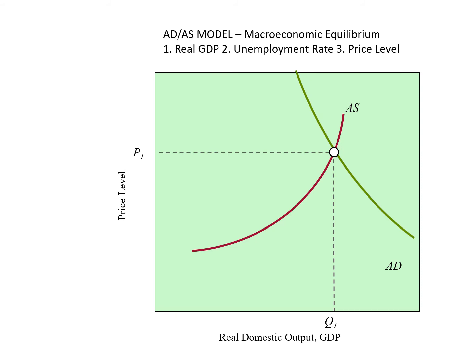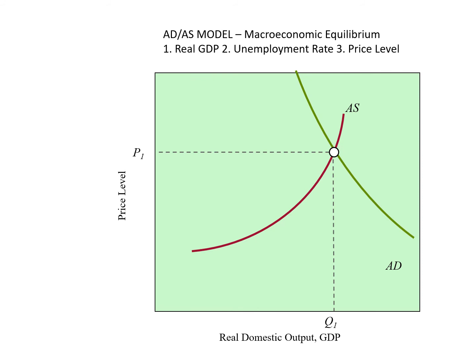So at Q1, GDP is not a problem. Likewise, unemployment is not a problem. Unemployment is definitely below the natural rate of unemployment of 4.5%. In this case, you have unemployment down to 3.6, 3.2%. But look at P1, the price level. That's the issue. You have inflation much higher than the 2% average increase in CPI, which is acceptable.